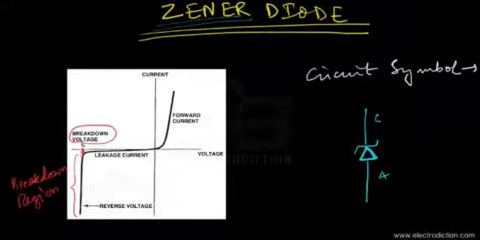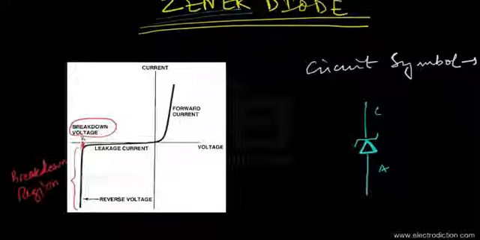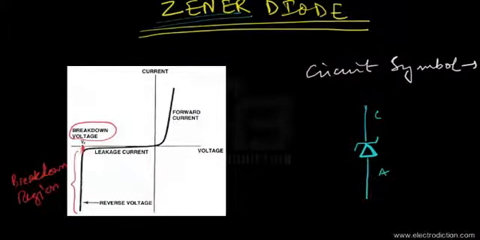Since the Zener diode is a special type of diode designed to operate in the breakdown region, it has a certain power dissipation capability denoted by PZM, the maximum Zener power dissipation capability, and also a certain value of breakdown voltage, represented by VZ.